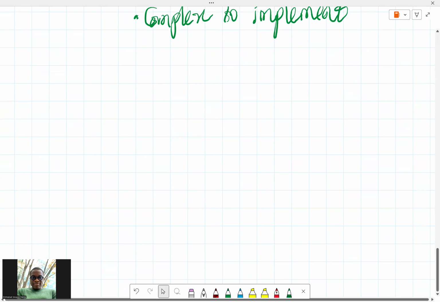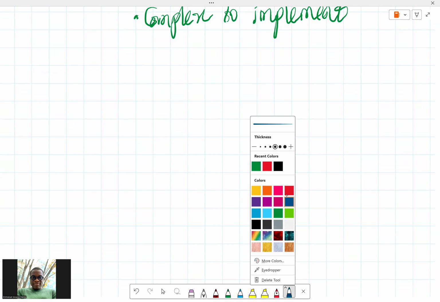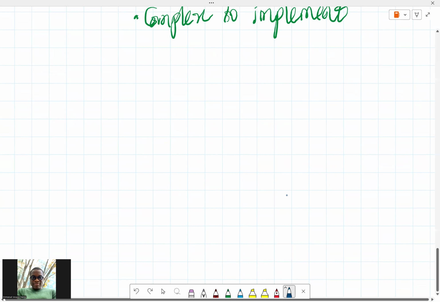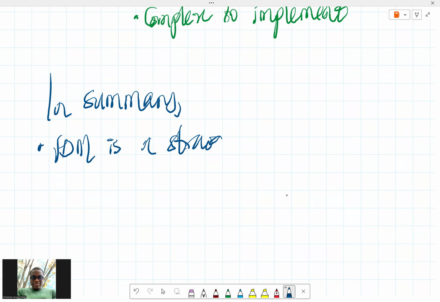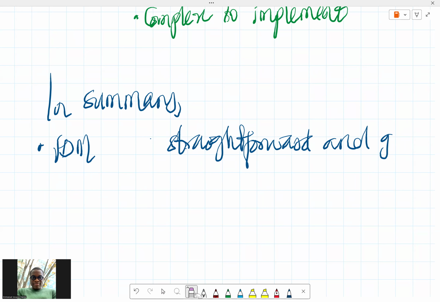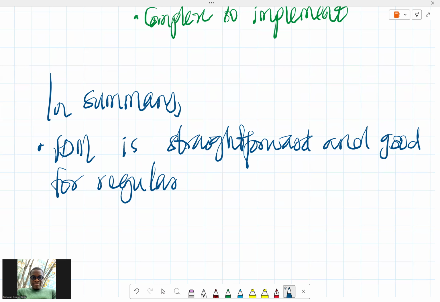So all we are saying in summary is that the finite difference method is straightforward and good for regular grids.